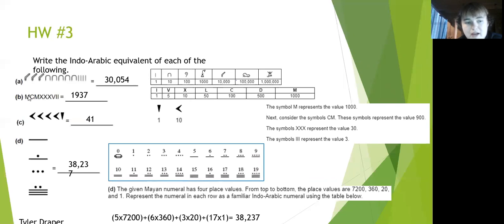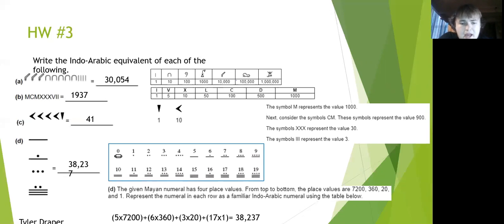So we have 1,937. 5 plus 2 is 7. We have our answer. Voila. C is pretty self-explanatory. Each symbol represents 10. This one on the right equals 1. You get 41.